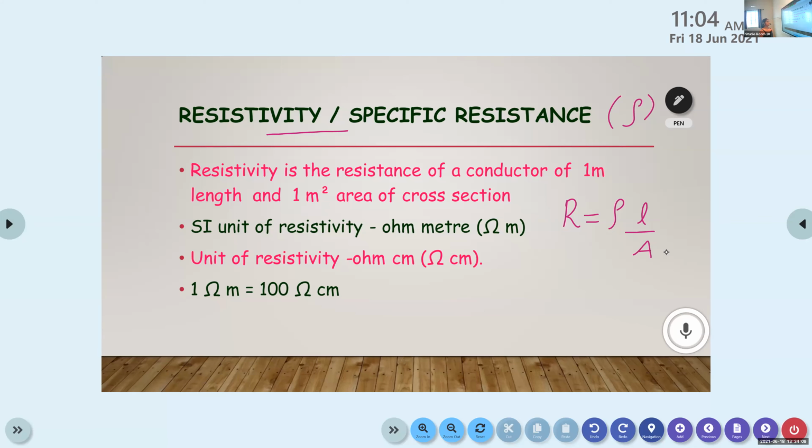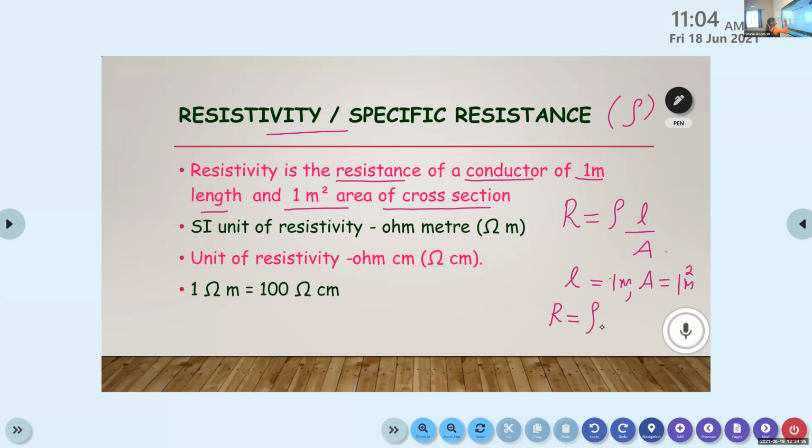And the definition for resistivity is the resistance of a conductor of 1 meter length and 1 meter square area of cross section. That means if L is equal to 1 and A is equal to 1, here it is 1 meter and here it is 1 meter square, R is equal to rho, right?